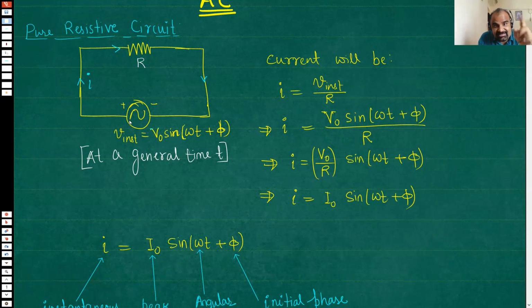So the AC that is coming to your house has a frequency of 50 hertz. That means in 1 second, the direction of the current changes 50 times. So it's a very fast frequency. It's a very fast change.